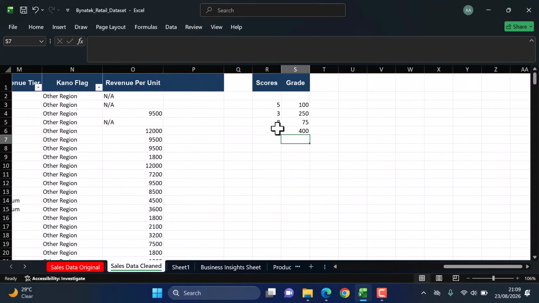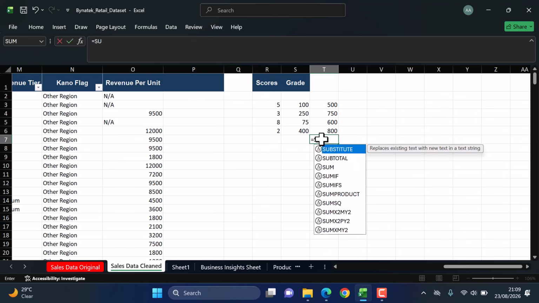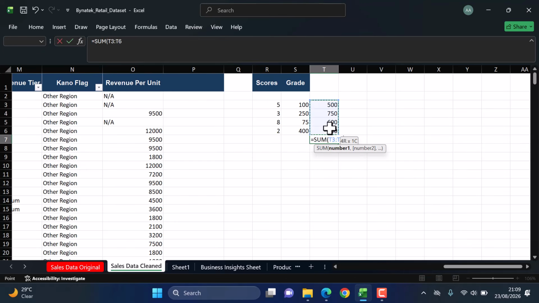The way you get the total is 5 times 100, equal to this times this. You do that for the whole thing, and then you get your sum. This is how you find the simple total sales.